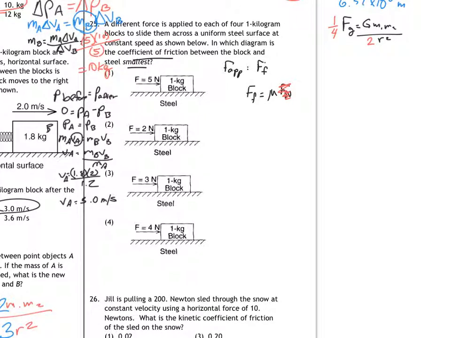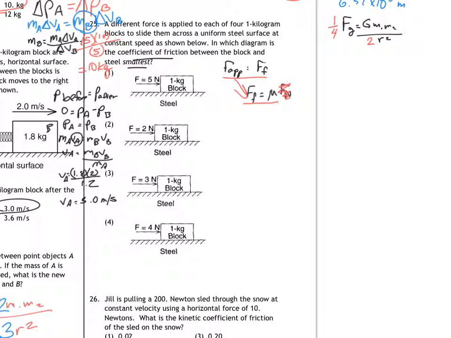I'm really examining the link between frictional force and coefficient of friction. The applied force is going to be equal to the frictional force, right? So I'm looking at the link between these two by looking at these values here. We have an applied force of 5, one of 2, one of 3, and one of 4.